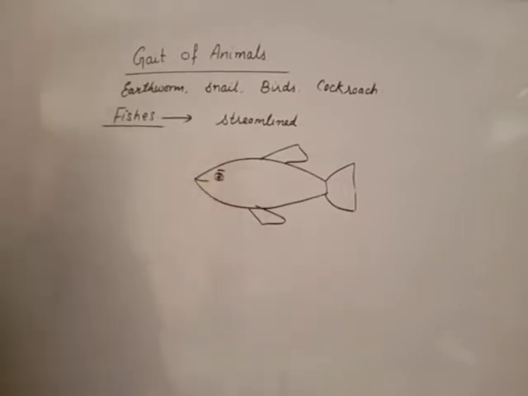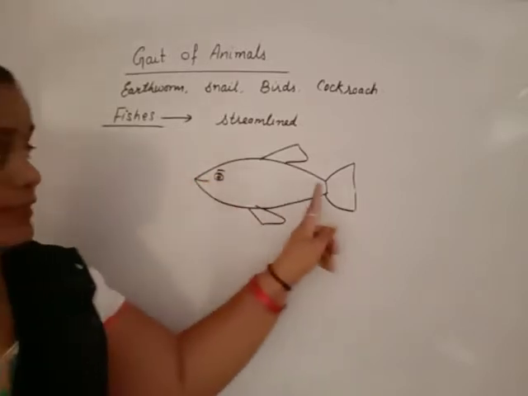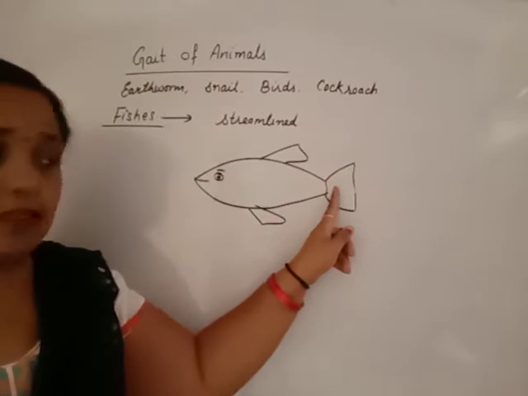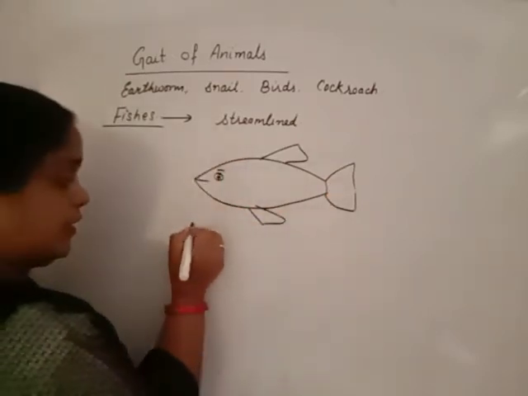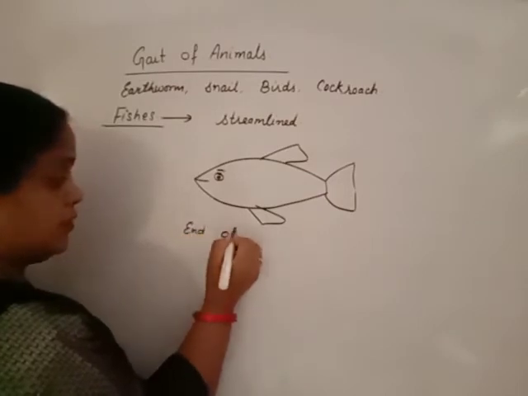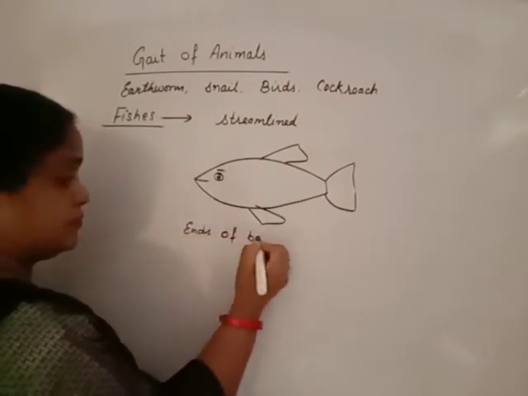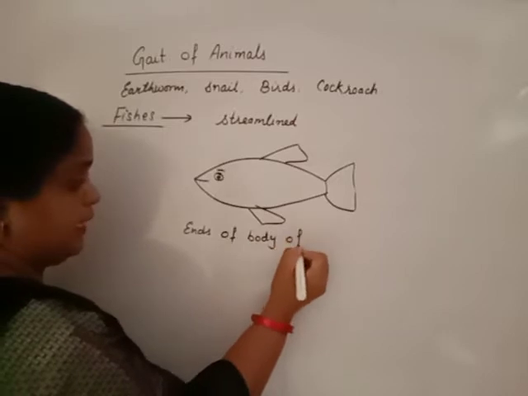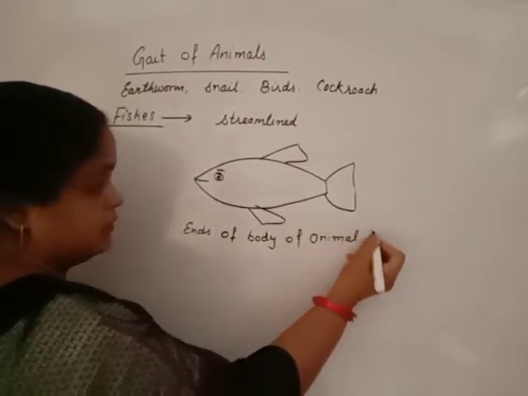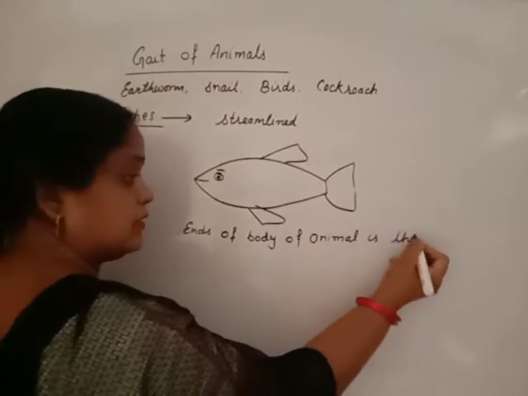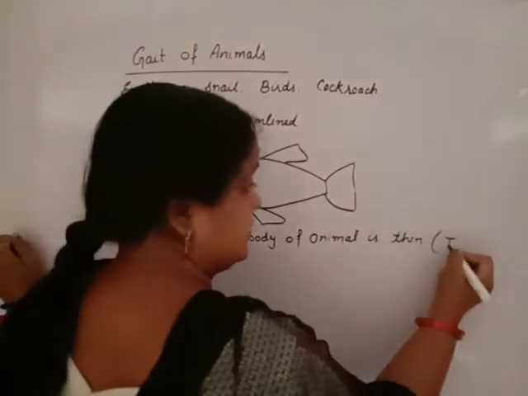This is the fish. Head and tail end are thin, the middle is wide. The end of the body of the animal is thin; the exact word is taper.